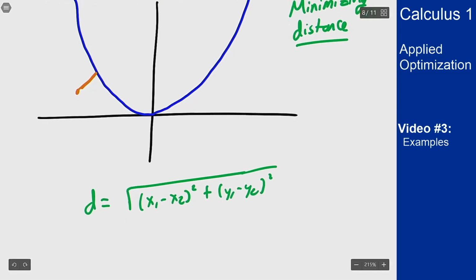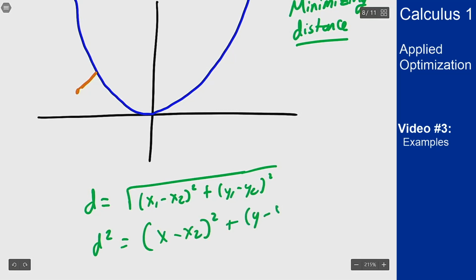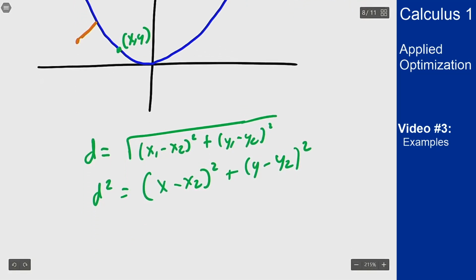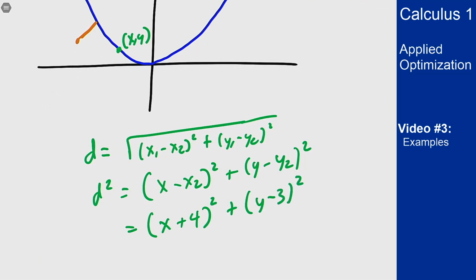We can instead look at d squared, which is (x minus x2) squared plus (y minus y2) squared for a given point (x, y). And in this case, we're looking for distance to the point (-4, 3). That means I can replace this by (x plus 4) squared plus (y minus 3) squared.